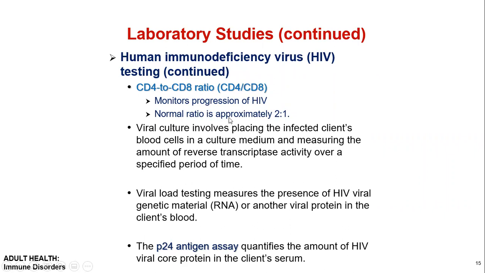Normal ratio is approximately 2:1, and viral culture involves placing the infected client blood cell in a culture media and measuring the amount of reverse transcription activities over a specific period of time. The viral load testing measures the presence of HIV viral genetic materials. It is RNA. Because HIV is an RNA virus.